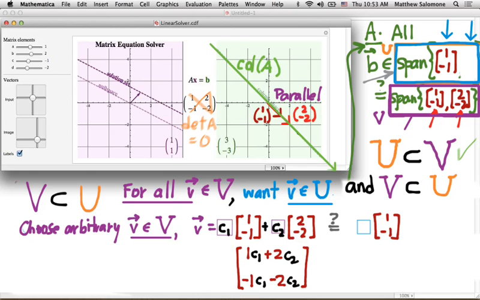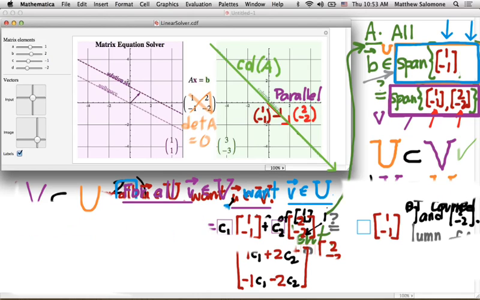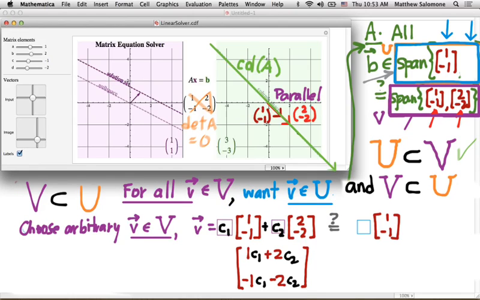And again, the question is, is this a multiple of the vector 1, negative 1? And if so, what multiple is it? Well, are we any closer to figuring out what multiple we're looking at? Kind of.